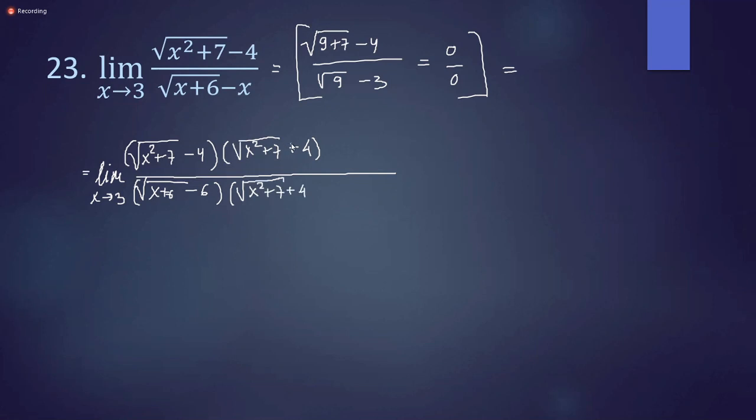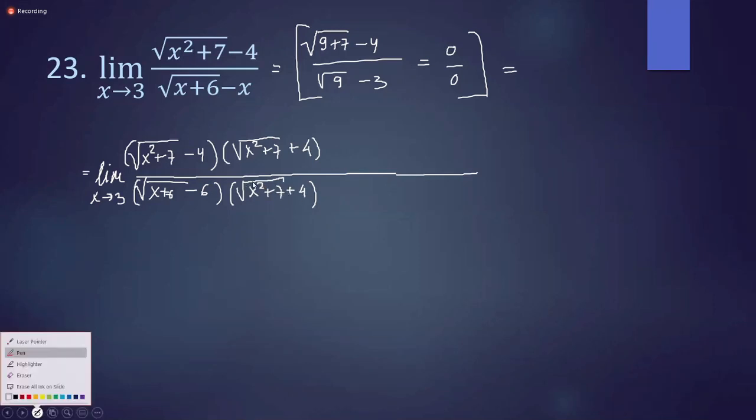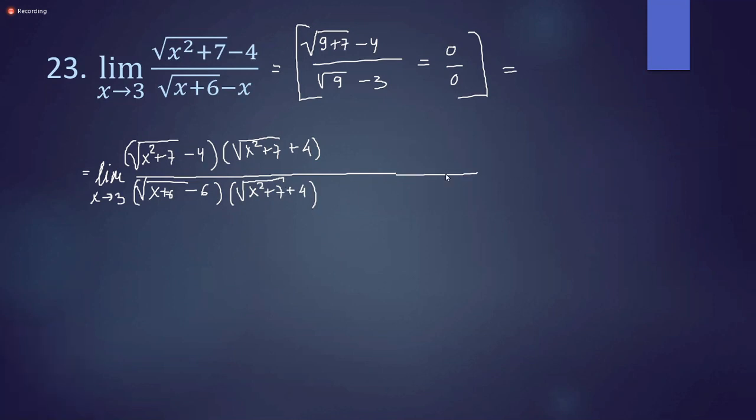That will take care of the first thing. Let's use a different color, perhaps. Okay. So I will be taking these together, and this will remain. Nothing happens with that one.